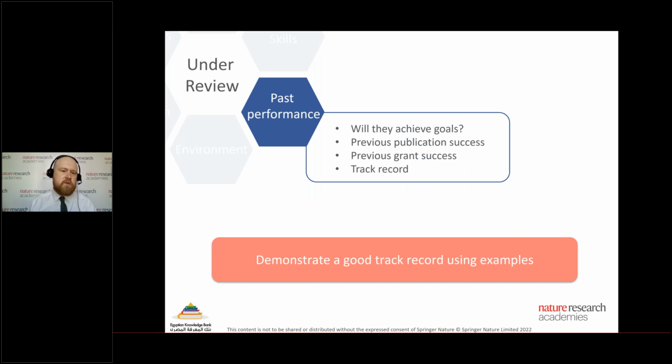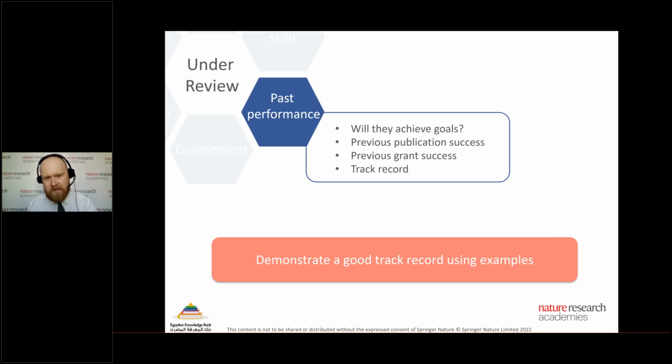Reviewers will actually also be looking at your past performance to establish whether you're likely to achieve the goals in this project. So what they want to see is successful projects that you've finished in the past. Will you achieve the goals outlined in your proposal?